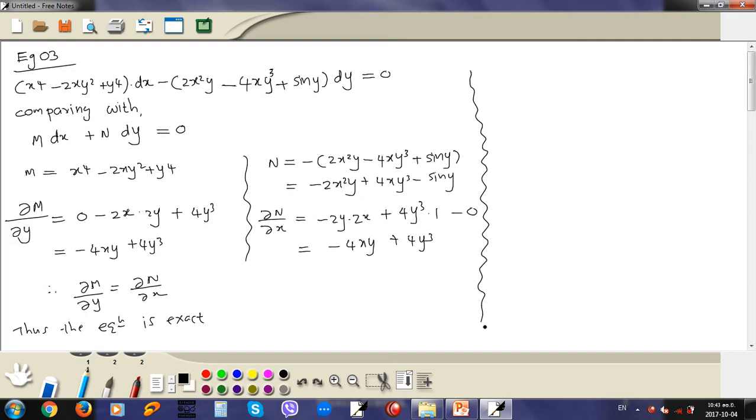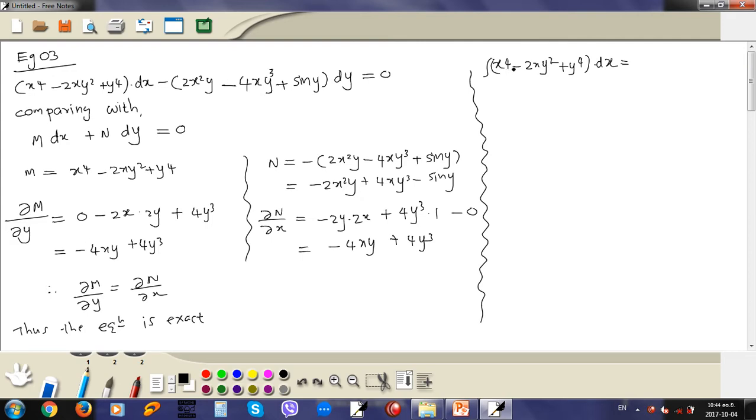Now we can solve this equation. How you can solve it is, you have to consider first this part, x^4 − 2xy² + y^4 dx. You have to integrate this with respect to x.